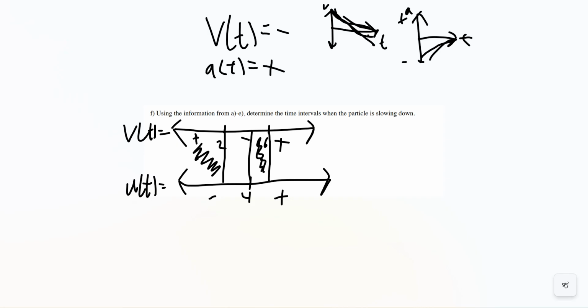So we know that when it's slowing down, the signs have to be opposite, which I shaded in. So it's going to be 0 to 2, union 4 to 6.